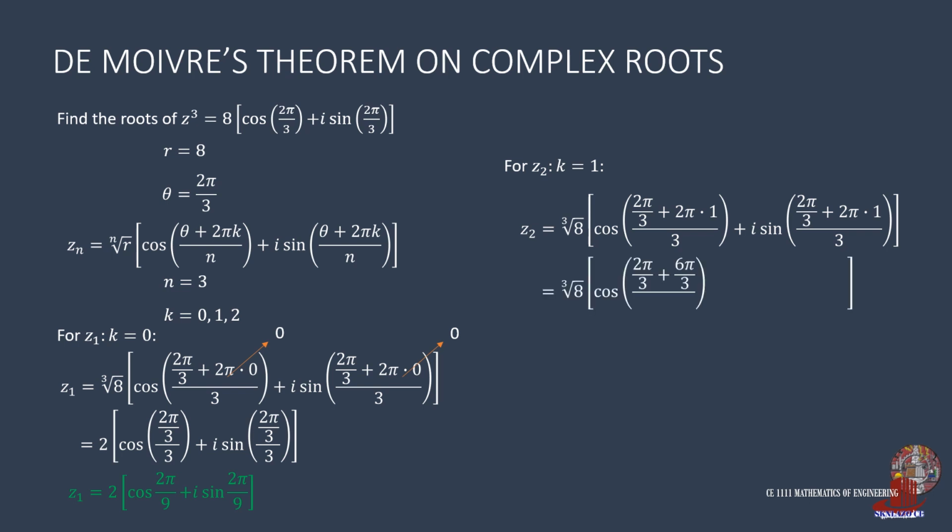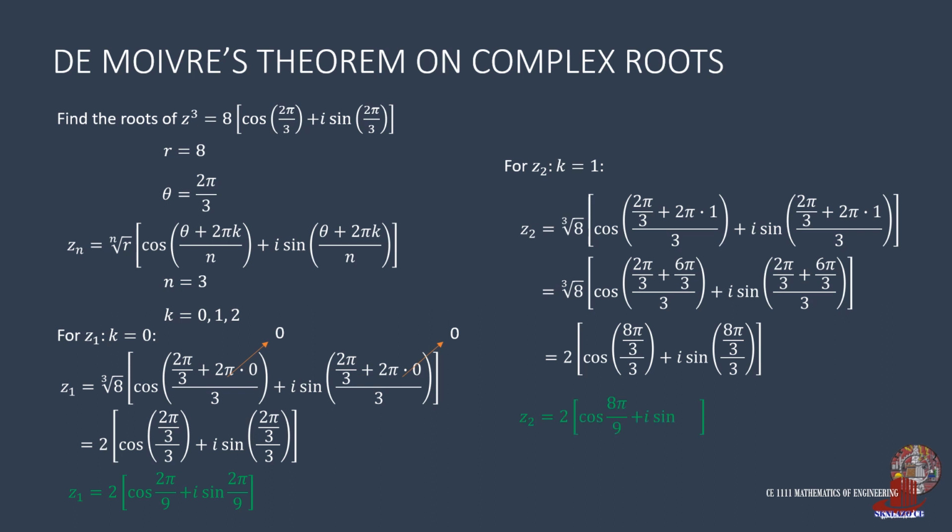Create equivalent fractions to add the arguments easily, making 2 pi times 1 equal to 2 pi, which in turn is converted into 6/3 of pi. Add this to theta, which is 2 pi over 3, and get 2 cosine of 8/3 of pi over 3 plus i sine of 8/3 of pi over 3. z2 is then 2 cosine of 8/9 pi plus i sine of 8 pi over 9.